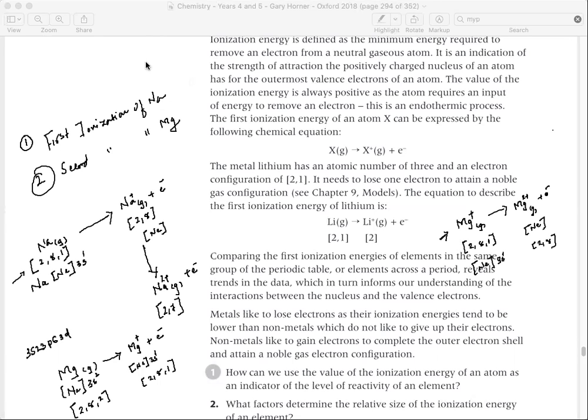Write for the first ionization of nitrogen. First ionization of nitrogen. Who will write? Who will say?